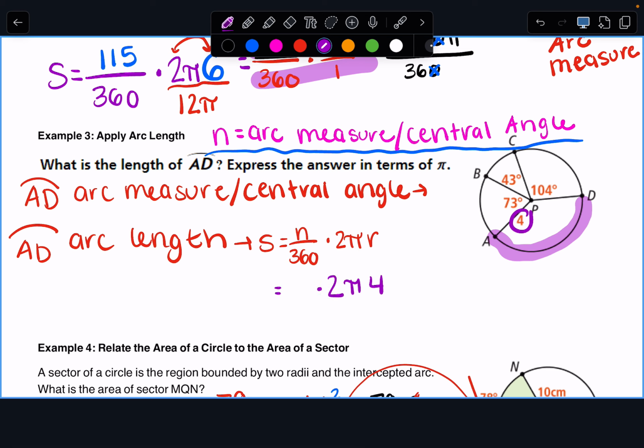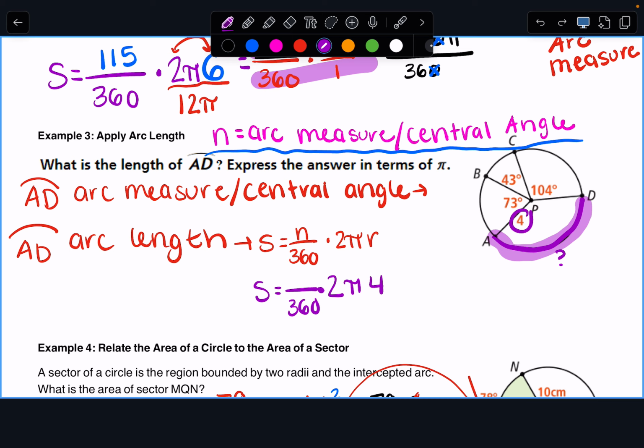All that we're missing now is our central angle or the arc measure of AD. So if I look at the arc measure, they don't give me an angle measure here and they don't tell me a central angle. But it does look like we're given enough information with our other central angles to find out what our arc measure is that we need. So we're going to do 360 and subtract out those other three angle measures.